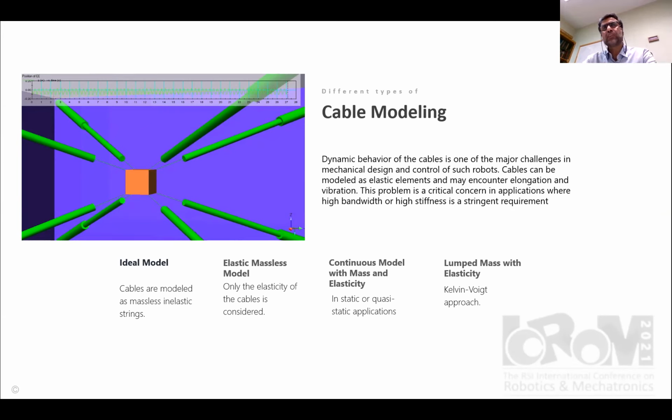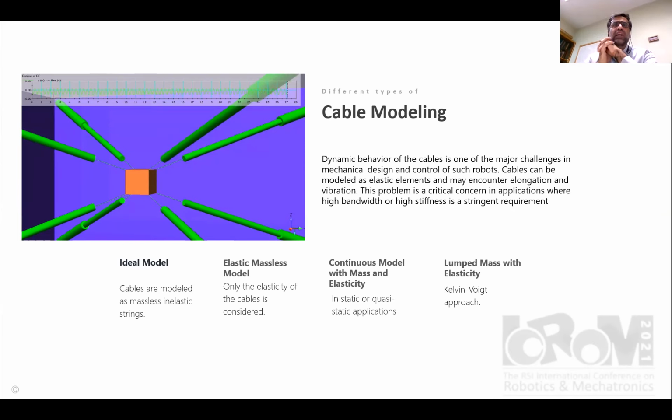When the mass of the end effector is greater than the cable's mass, the dominant dynamics of cables can be considered with the elasticity of the cable. Based on this fact, in the elastic massless model, only the elasticity of the cable is considered.